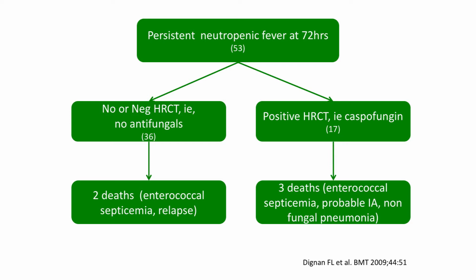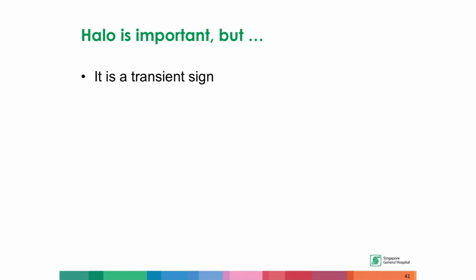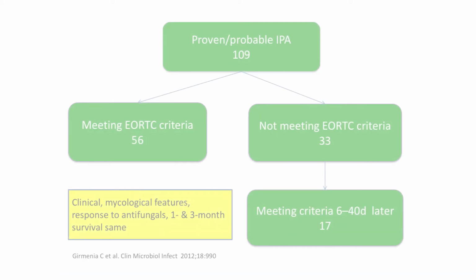So this sort of approach became more popular, as you know, in the febrile neutropenia literature. Many people are veering away from empiricism, and this tailored approach or diagnosis-driven approach is very popular. When the fever doesn't go away, then it is time basically to scan and to look for things like halo and cavity.